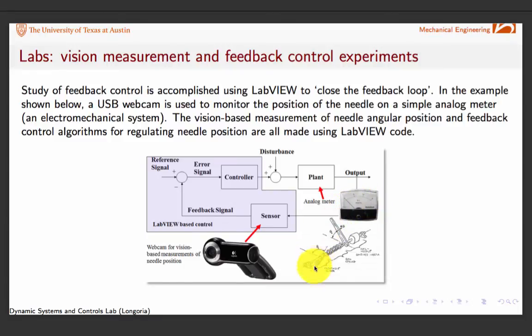We introduce you to this electromechanical system and modeling of electromechanical systems, use of a webcam to measure the motion of this needle, and then we show how you can put that system within a feedback control loop to try to measure and also control the position of that needle, and in that way introduce you to building a feedback control system and concepts from basic feedback control.